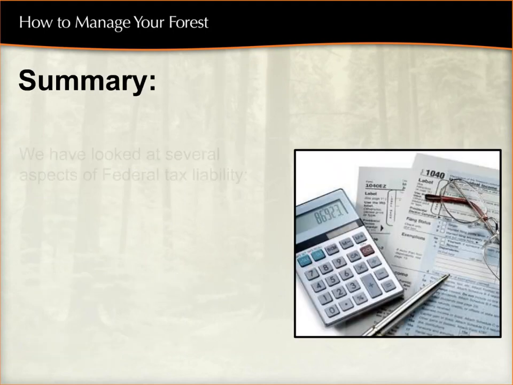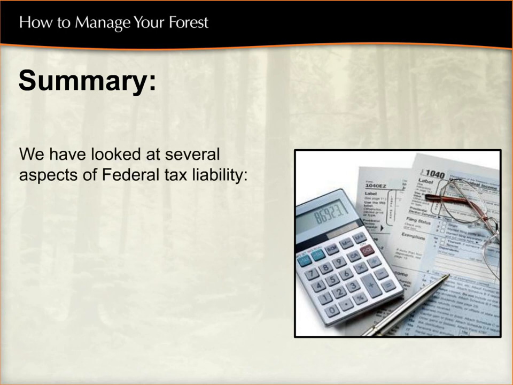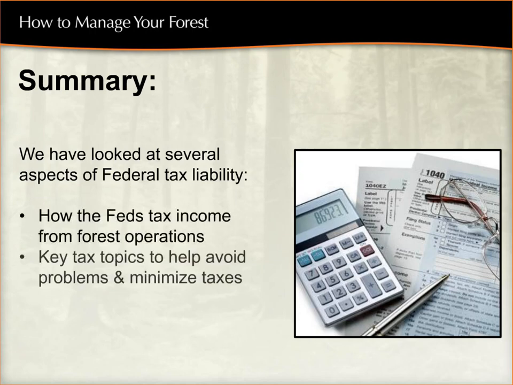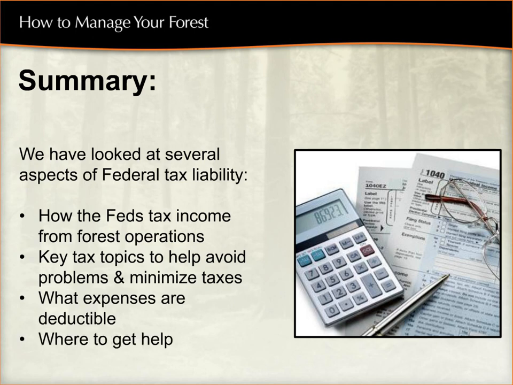Family forest owners face many potential taxes on their operations. We've looked at several aspects of those taxes, focusing on how the federal government taxes income from forest operations, key tax topics to help avoid problems and minimize taxes, what expenses are deductible, and where to get help with forest income tax questions and problems, and what questions to ask.